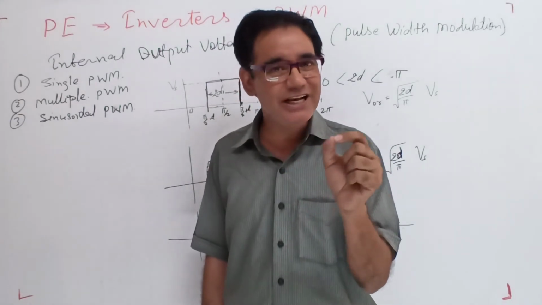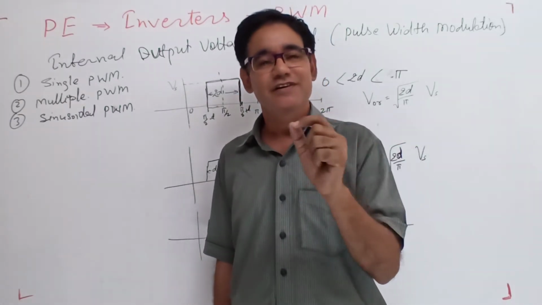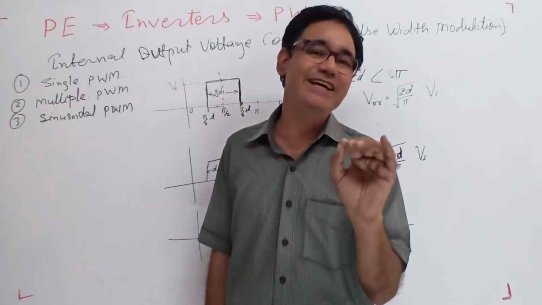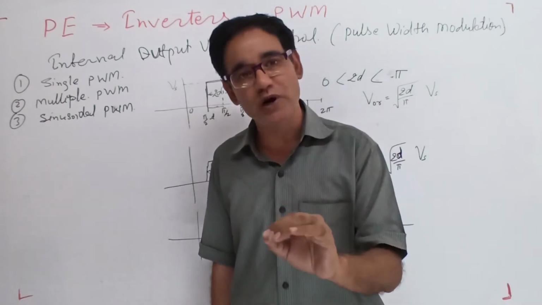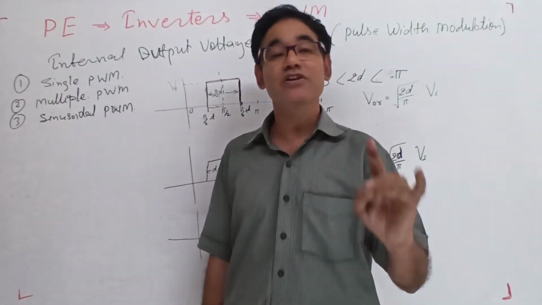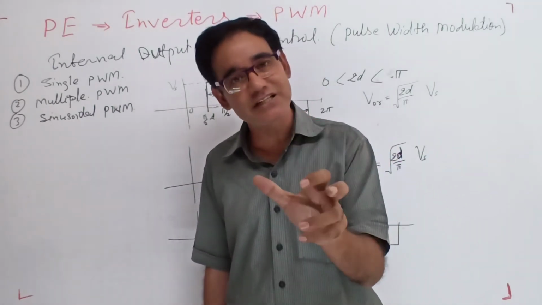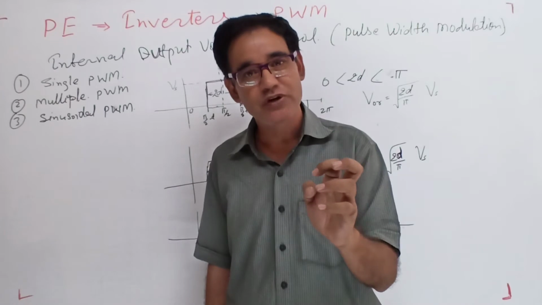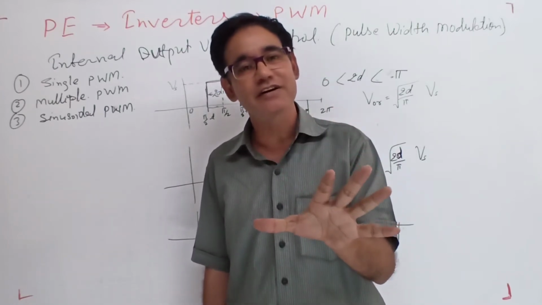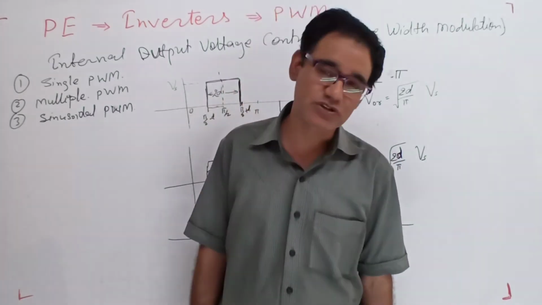We can easily eliminate particular harmonics. And higher order harmonics can be easily eliminated by providing a filter circuit. You know, filter circuits for higher order harmonics are lighter in weight and low in cost, but filter circuits for lower frequencies are heavier in weight and size and higher in cost.